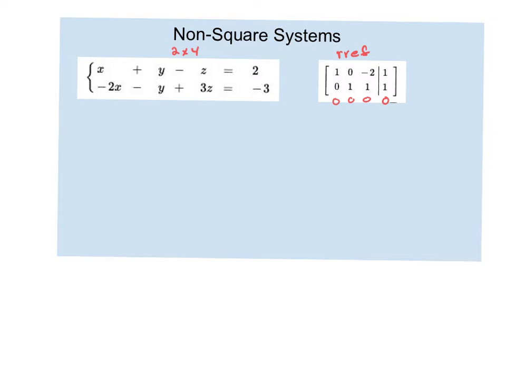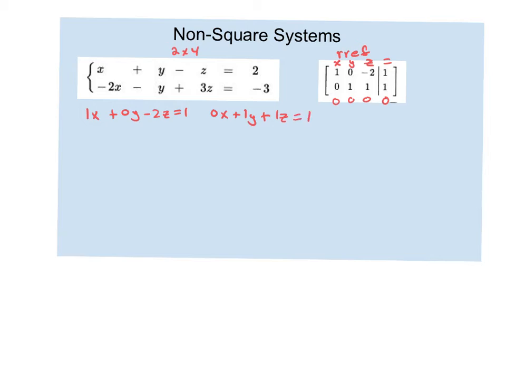So what I'm going to do again is I'm just going to write out my equations. Because my variables are x, y, and z, and this is what it equals, it's going to look like this. 1x plus 0y minus 2z is equal to 1, and 0x plus 1y plus 1z is equal to 1.